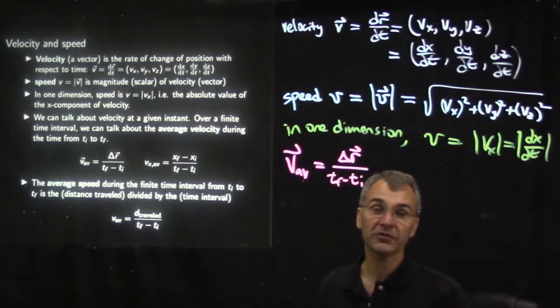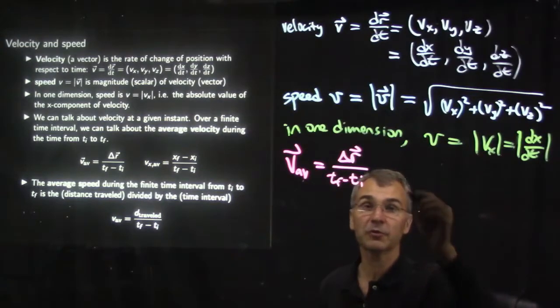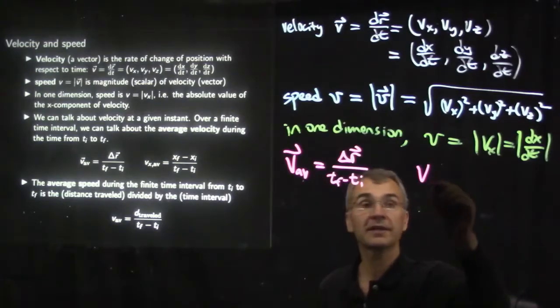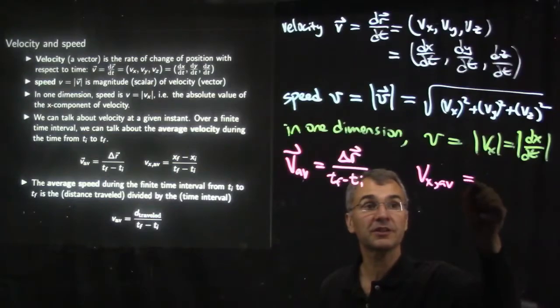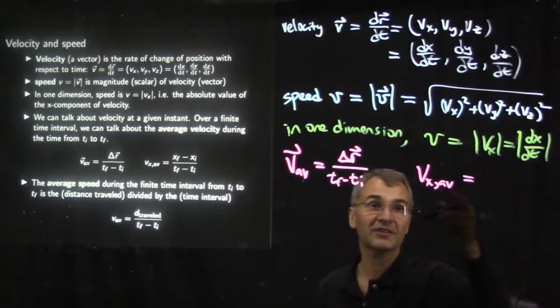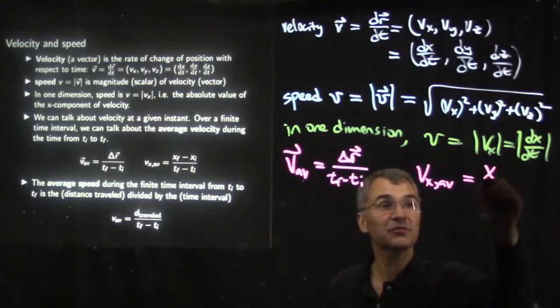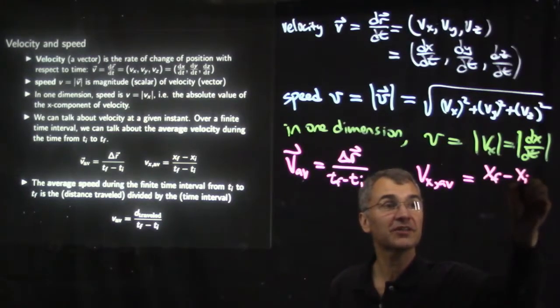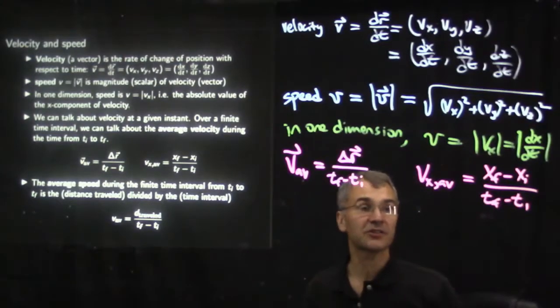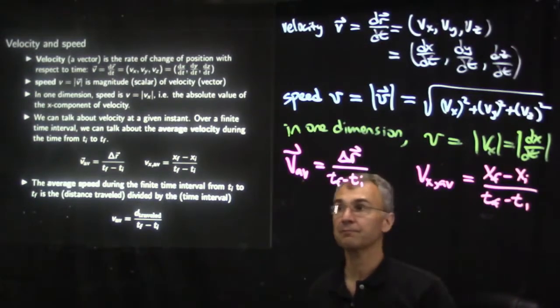We're really only interested in the x component for the moment. So the x component of average velocity, v average comma x, is x final minus x initial divided by t final minus t initial. Okay, so we'll use this often.